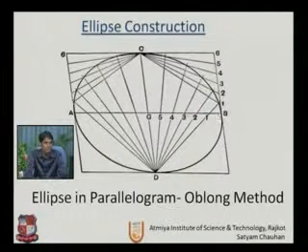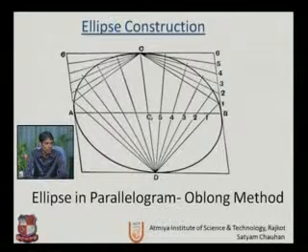We have to divide into the equal number of parts that we are taking on the vertical side. So by dividing G and B into 6 equal parts, now we have to join the other side, D to the respective numbers. Let's say D and 1, 2, 3, 4, 5 and point G.